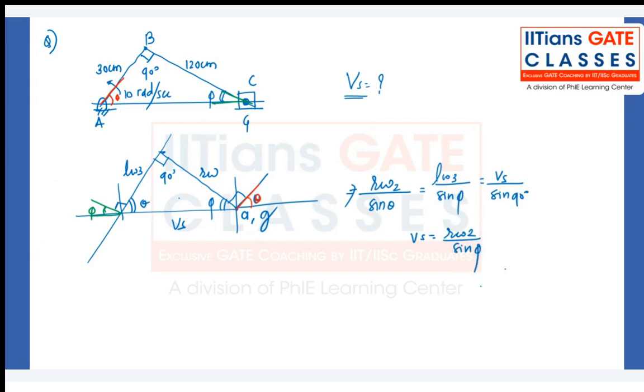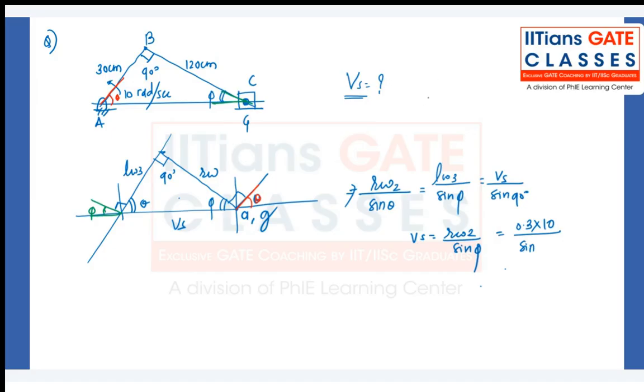R omega 2, r is 30 centimeter, which is 0.3. Omega 2 is 10 radian per second divided by sine of phi. Yeah, phi you can calculate.